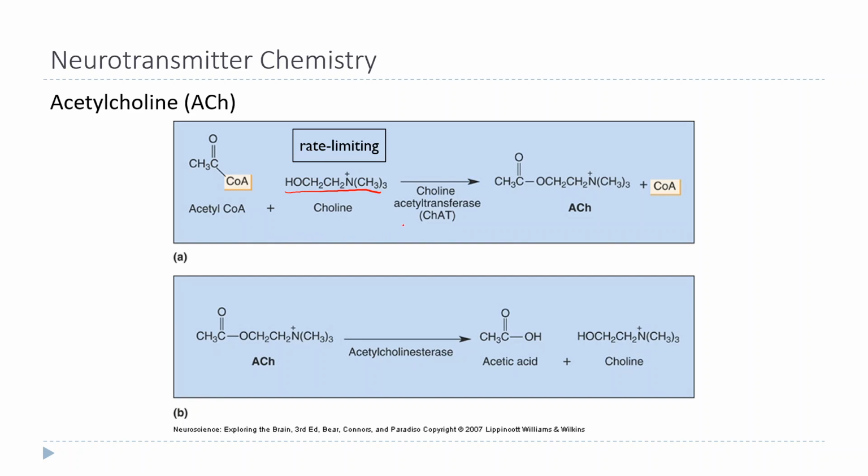And so the enzyme, choline acetyltransferase, does what it says. It transfers, that's what the word transferase means, an acetyl group to choline from acetyl-CoA. The CoA part is an adapter molecule that the enzyme breaks off, and then it attaches the acetyl group. This is the acetyl part, and this is the choline part, and that's where acetylcholine comes from.